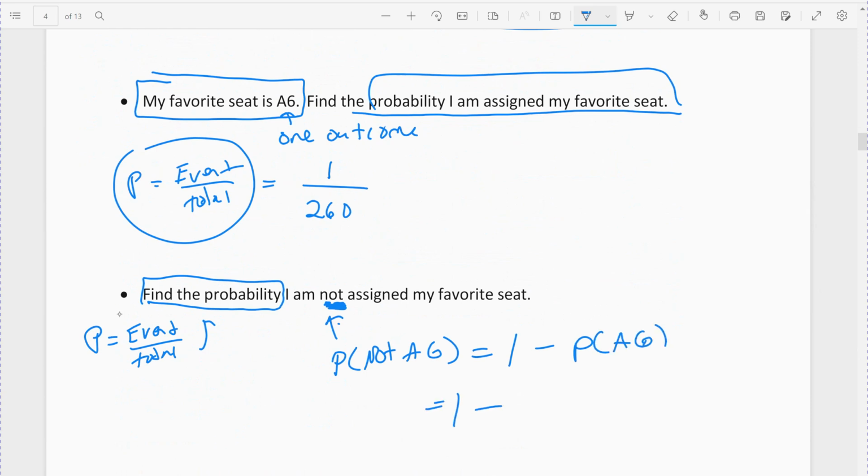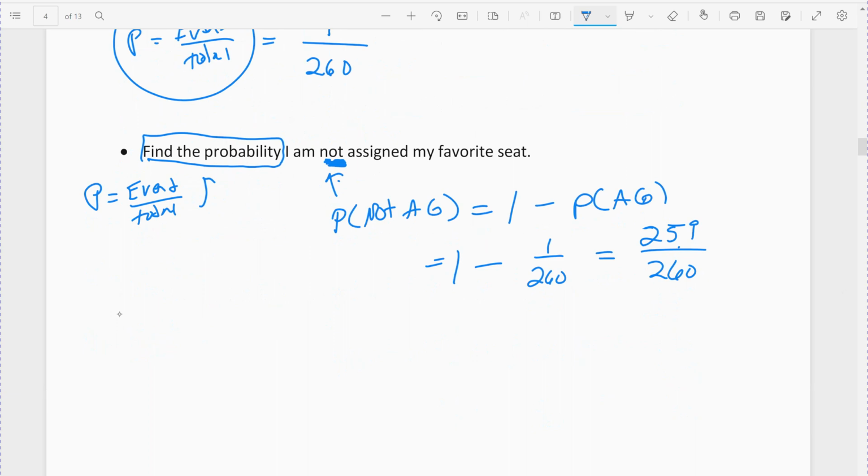That probability was 1 out of 260, which, if you think about it, means there's 259 seats that you could get because we're not giving you A6. Alright, and that one you can leave. I don't think it reduces, so I'm just going to write it as is. Again, a pretty high probability, 0.996, or 99.6% chance that you will not get your favorite seat, which means there was a 0.4% chance that you did.